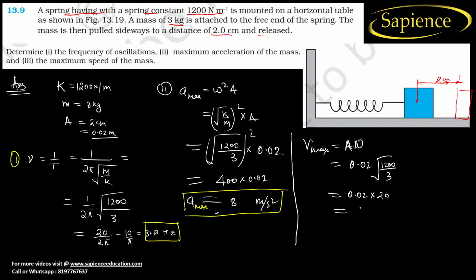So you will get approximately 0.4 meter per second. So this is the maximum velocity. I hope you have understood the concept of this question, so that you can also solve different varieties of questions.